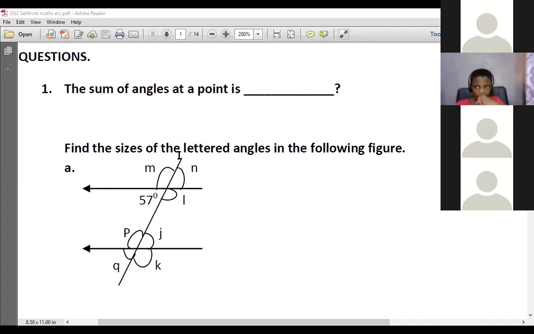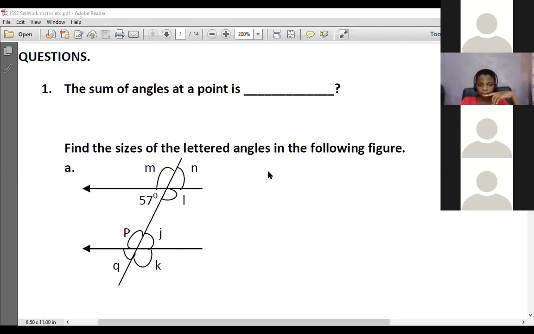Now, all of you, just focus on this screen. Okay? Now, I'm having M, N, L, and 57 at the top. We have two parallel lines here, right? Now, who can tell me the name of this line that is cutting across, this line that is running from up downward? Let me call you one after the other. What is that line called?